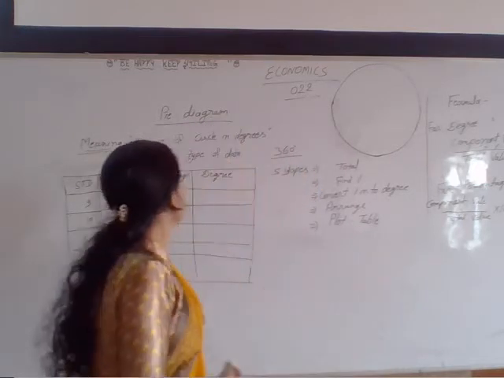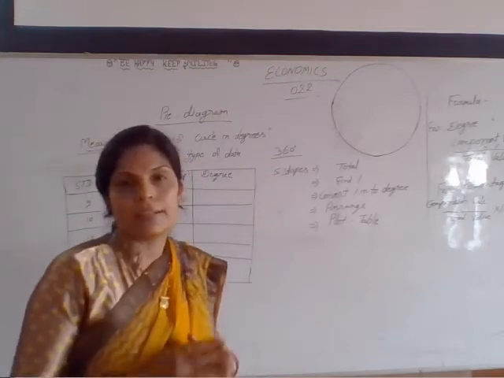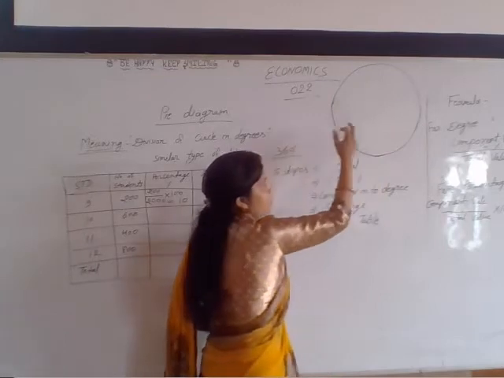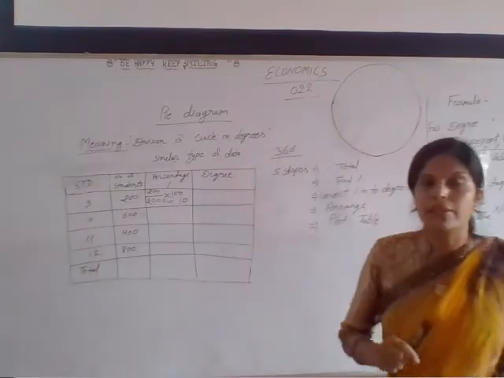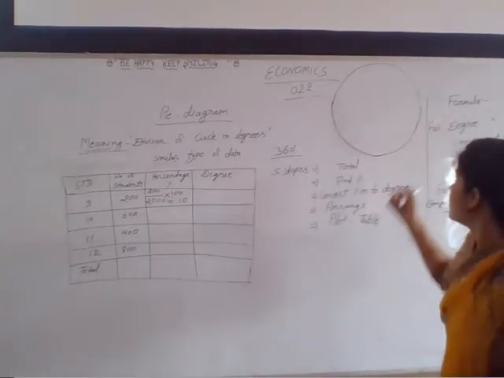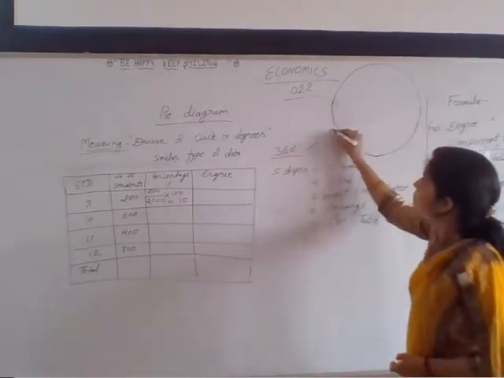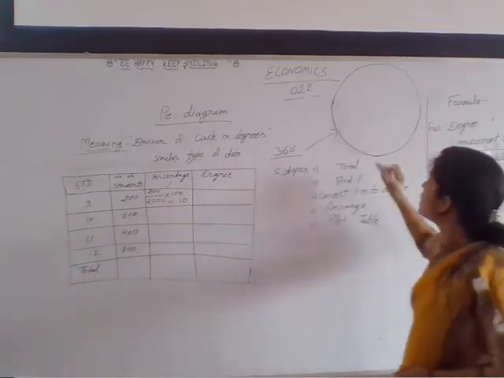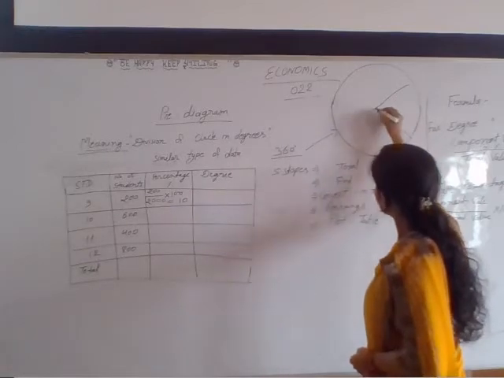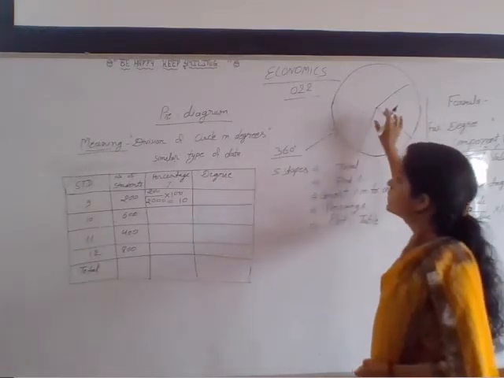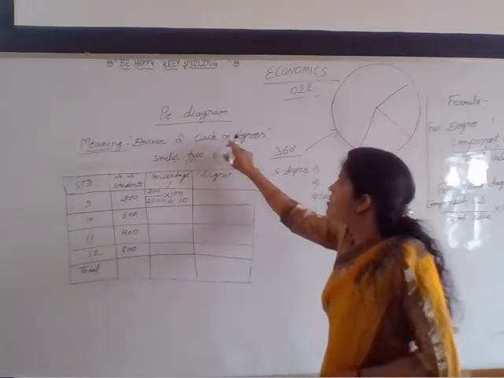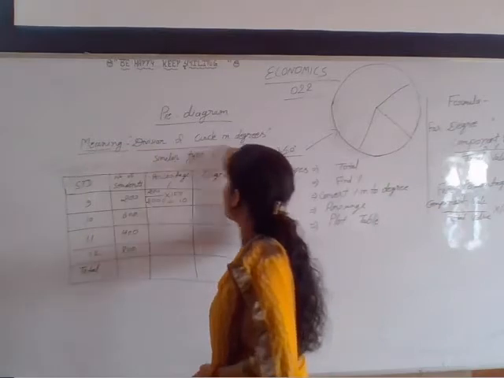Pie diagram means division of a circle in degrees. A circle's total value is 360, and when this 360 is divided into different categories, it is a pie diagram.